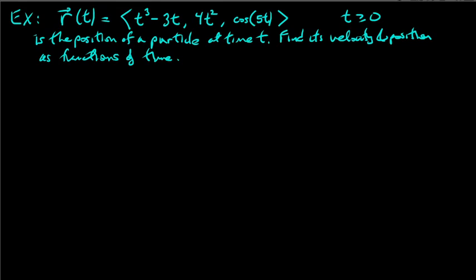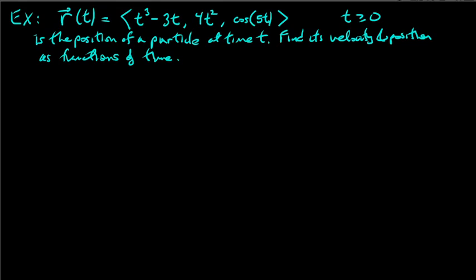Okay, so we have the position function given as this. This is a three-component vector, so it's a vector in space: t cubed minus 3t, 4t squared, and cosine of 5t. And we have t is greater than or equal to 0, so we're starting at t equals 0. You can see that the domain of this is all real numbers, but let's not consider negative numbers for t.